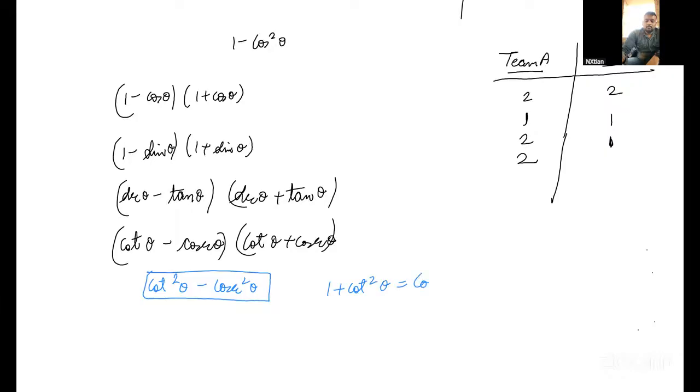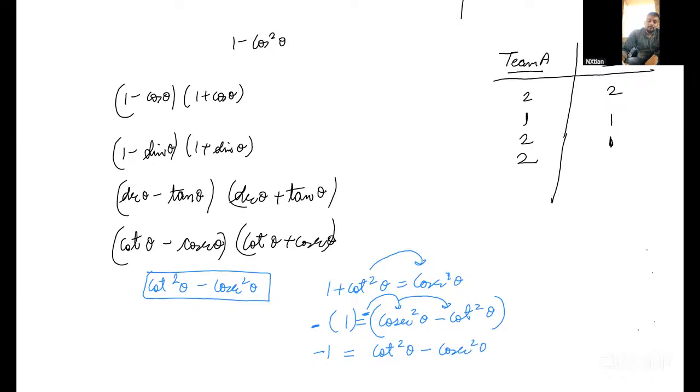Now, if I send this side to that side, it will become 1 is equal to cosec square theta minus cot square theta. If I multiply minus on both the sides, the plus will become minus and the minus will become plus. So it will become cot square theta minus cosec square theta. So the answer will be minus 1.